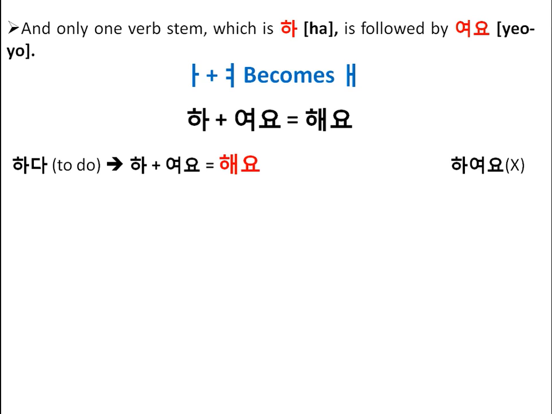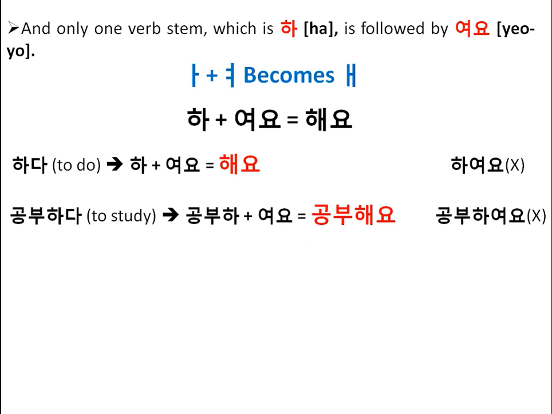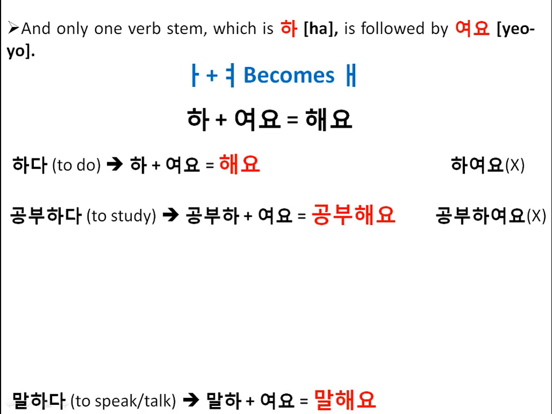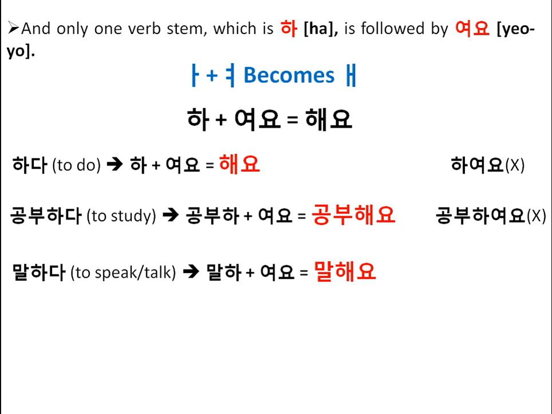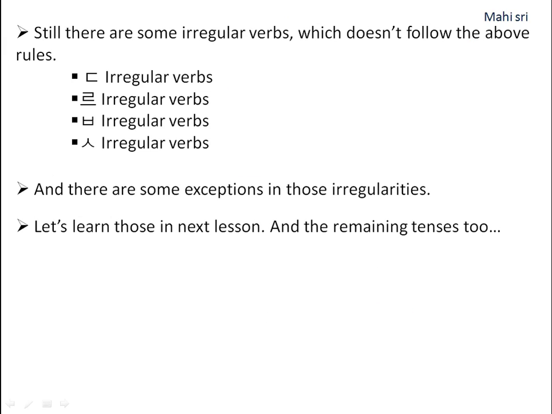Hada, to do, becomes haeyo, but not hayeoyo. Then gongbuhada, to study, becomes gongbuhaeyo. Then malhada becomes malhaeyo. So for all the hada verbs, the basic ending is haeyo in the present tense. If you wanna talk informally, it's just malhae, gongbuhae, like that. Yeonseuphada, to practice, becomes yeonseuphaeyo.